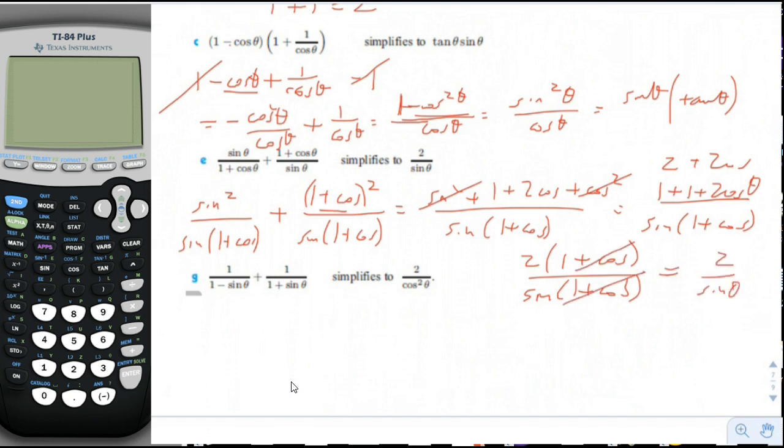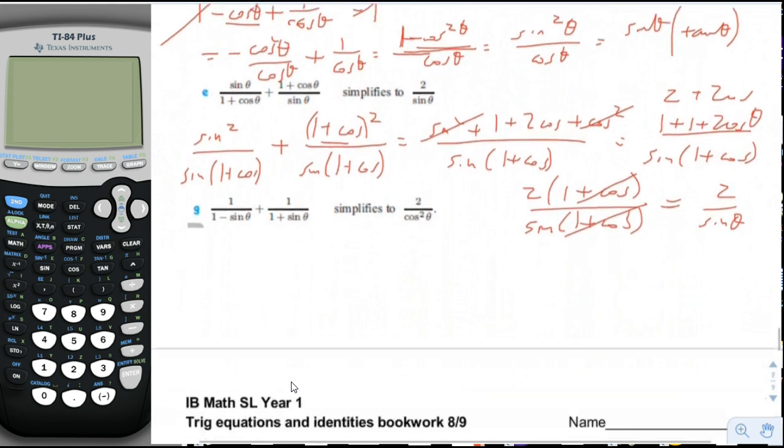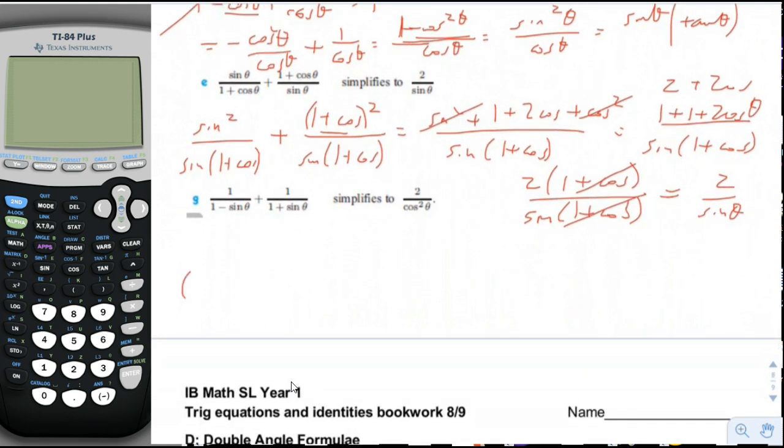Letter G. Again, let's find a common denominator. So instead of 1 minus sine, we're going to multiply the top and the bottom by 1 plus sine. And then this one is going to be the same thing, 1 minus sine, 1 plus sine. And on the top, we're going to multiply by 1 minus sine.